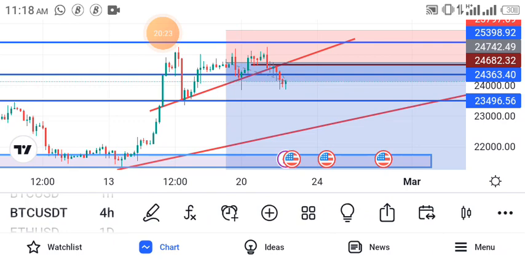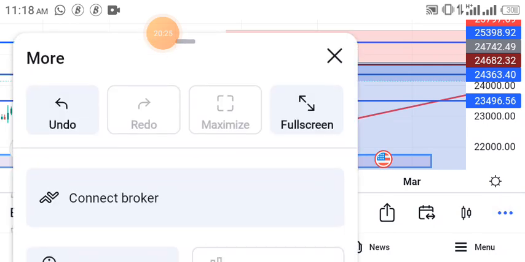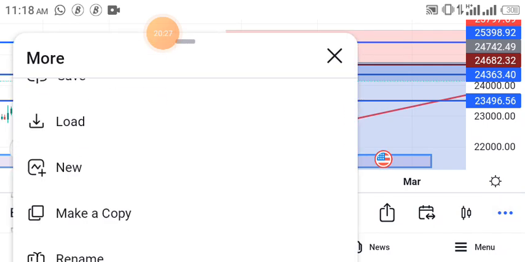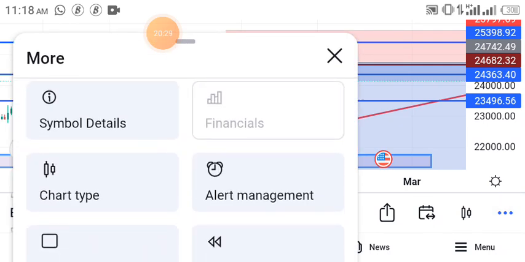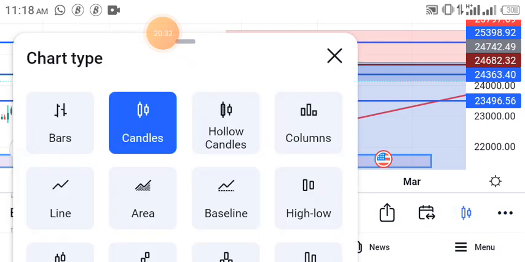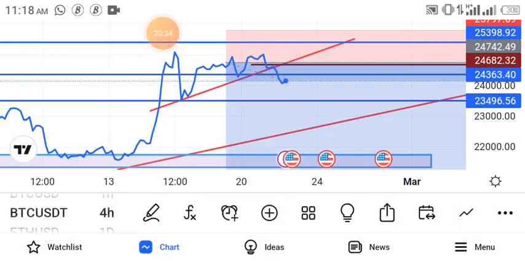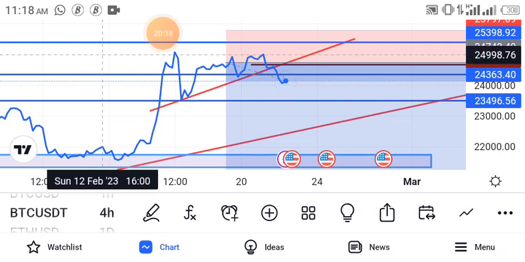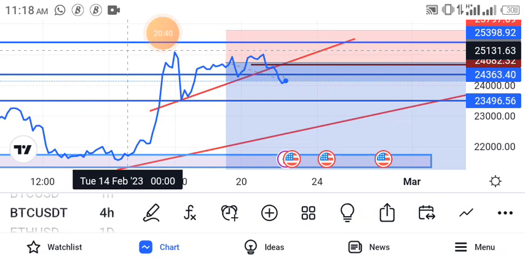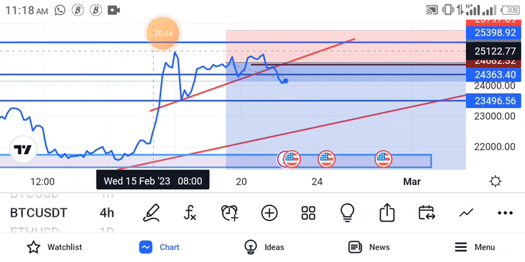Let me check the line chart. Let me check the line charts. Okay, this line chart, as you can see, this high that I'm at, because you can see a triple top here.